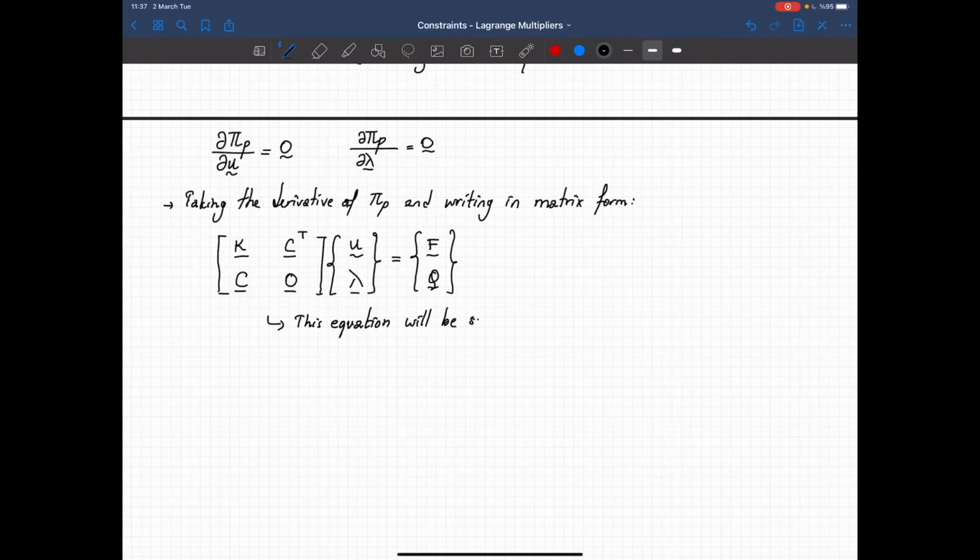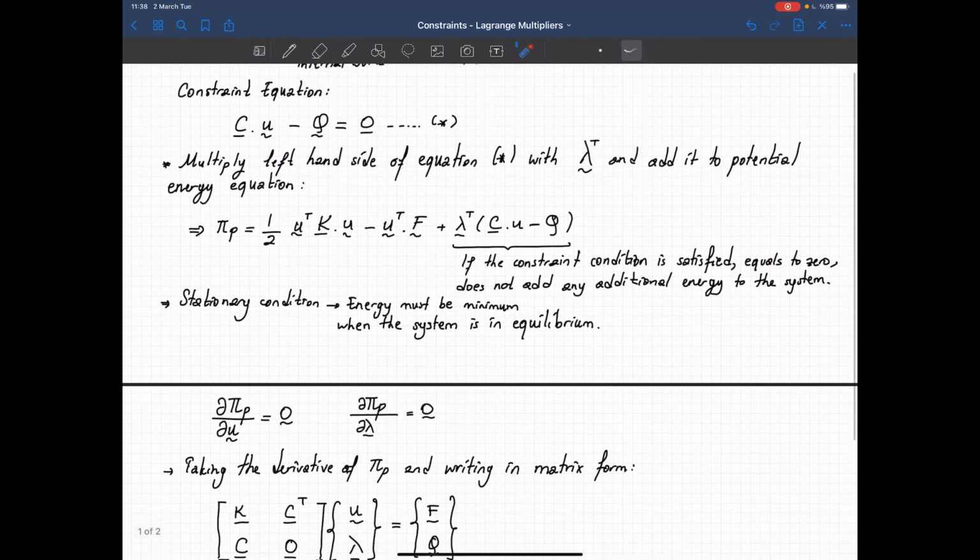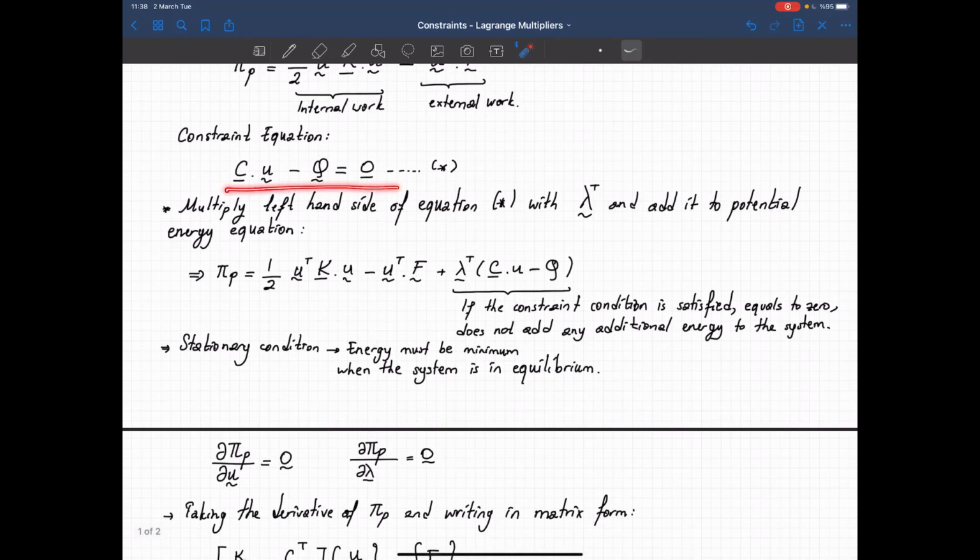Now the important thing here is that lambda represents the forces required to satisfy the constraint conditions.